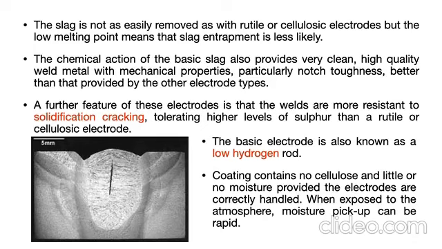And another feature of the electrodes is that it is very resistant to solidification cracking, and is tolerant much more than that of rutile and cellulose electrode. Talking about solidification cracking, it is a very interesting phenomenon in welding, where the cracks are formed basically due to various reasons.